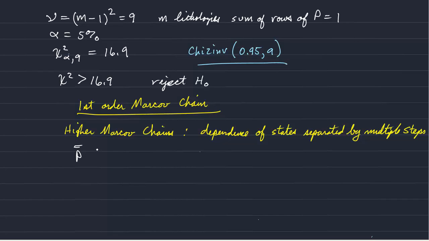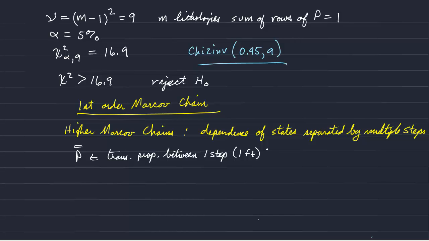So again, P was the transition probability between one step, or in the example given of our lithologic section, 1 foot apart.